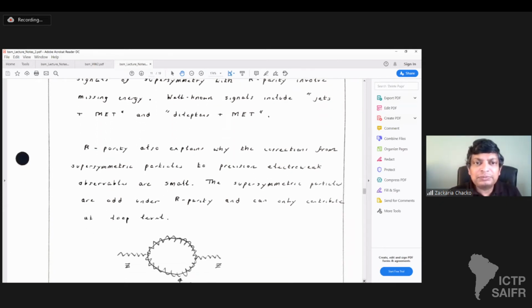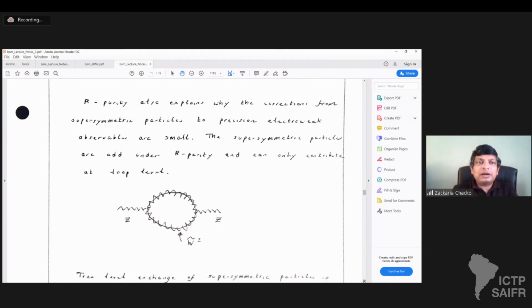Okay. So R parity has another important effect. R parity also explains why the corrections from supersymmetric particles to precision electroweak observables are small. Remember, every supersymmetric particle is odd under R parity. And so that means if you're looking at a correction to the W boson, let's say to the Z boson propagator, now you're integrating out this heavy supersymmetric particle, and you're looking at a correction to the Z boson propagator.